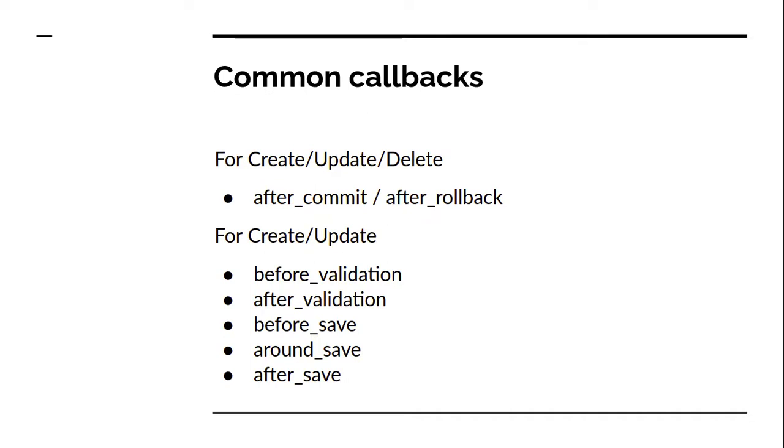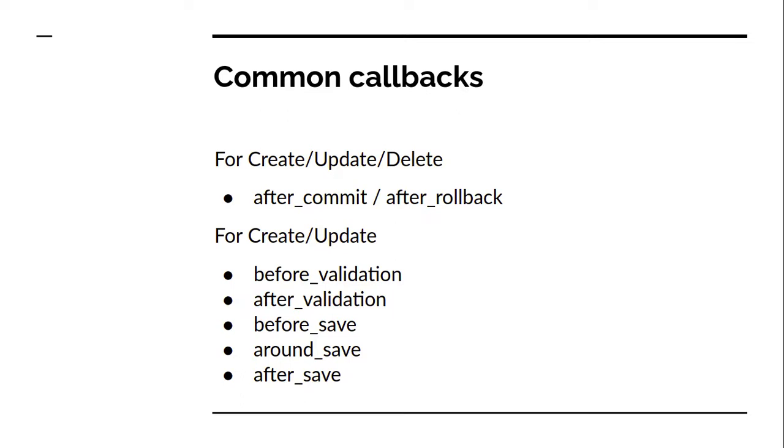But for create and update, there are more, three callbacks which are available, like before validation, after validation, before save, around save, and after save. Because validation always gets invoked whenever you try to update an existing object, or instantiate and try to save a new object into the database.